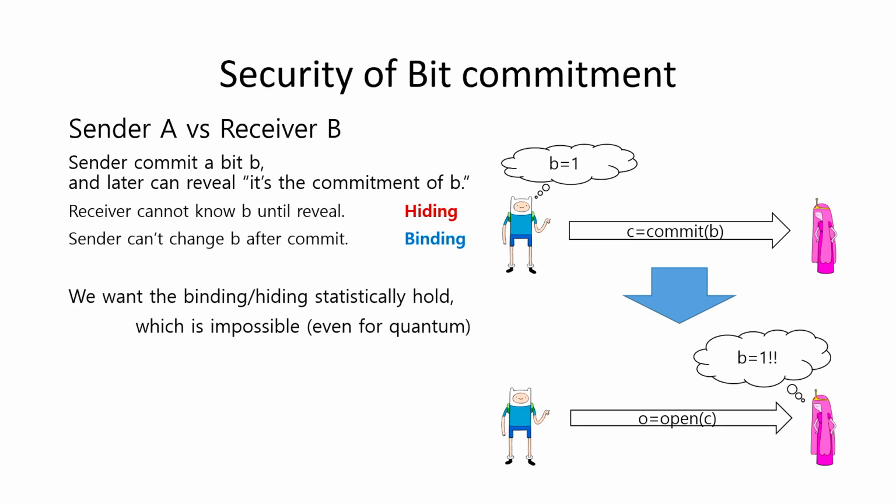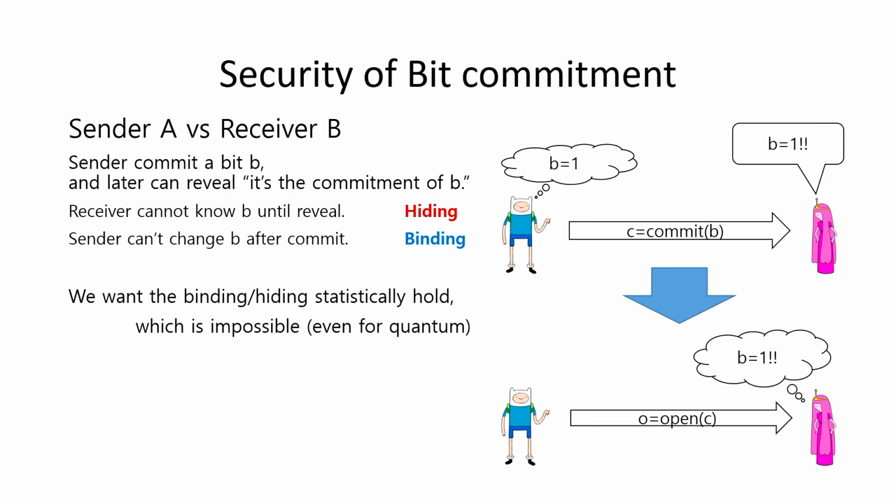It has two security notions, hiding and binding. Binding says that the sender cannot change his mind after the commitment, and hiding says that the receiver cannot find the bit before opening.